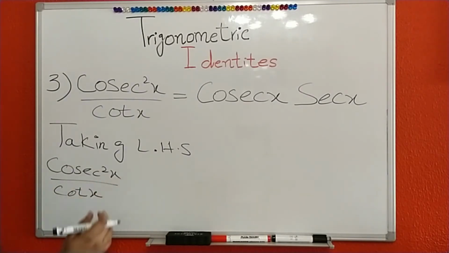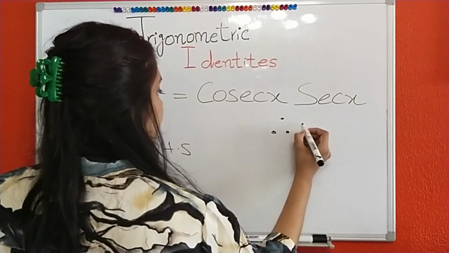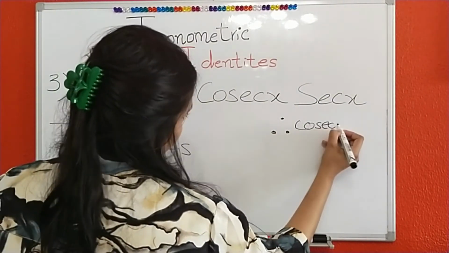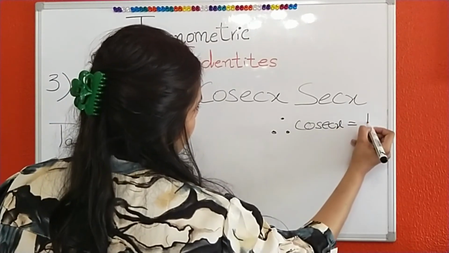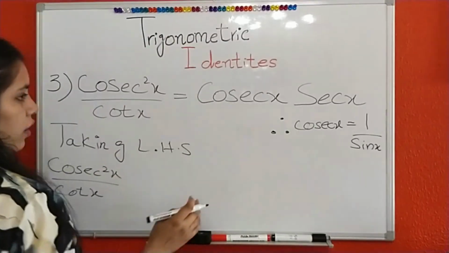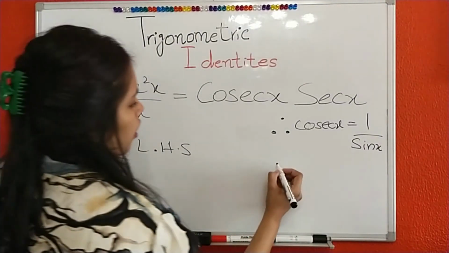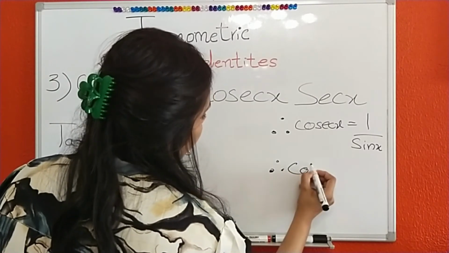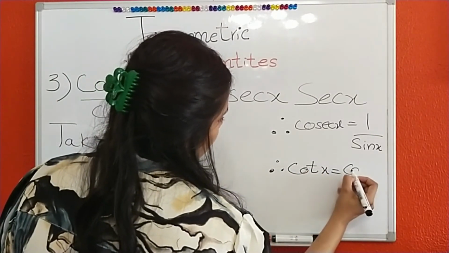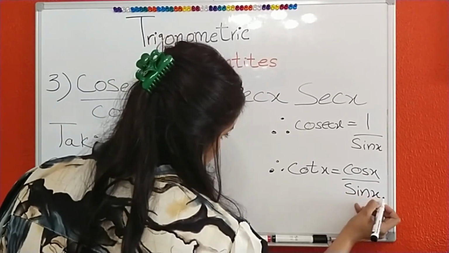So for cosec, I am writing the identity here as cosec x is the reciprocal, 1 over sin x. This is the reciprocal identity. And cot x is equal to cos x over sin x.